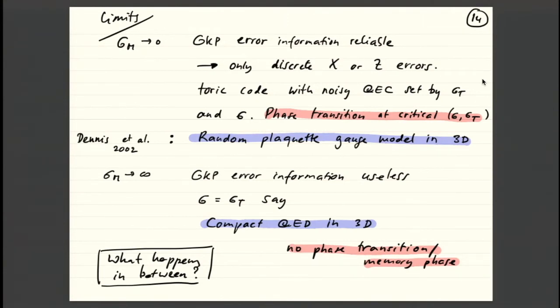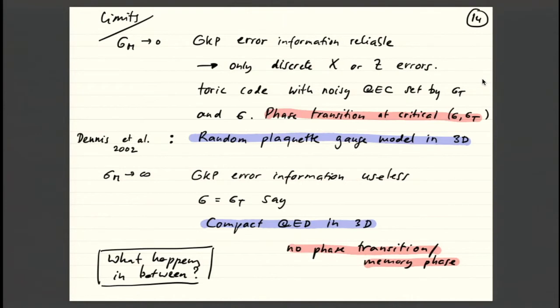This is a gauge model with a gauge field which is a Z2 degree of freedom. It just comes from this sort of discreteness of this error. Whereas here you have a sort of a U1 degree of freedom. And there's randomness because it's set by the measurements that you do.